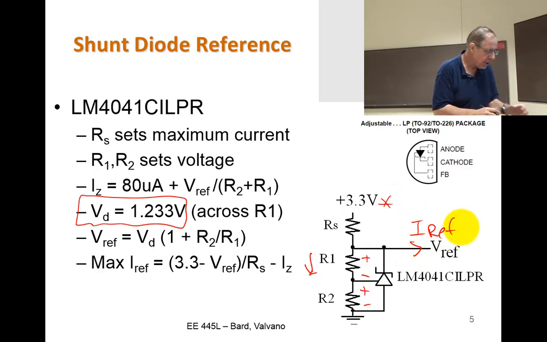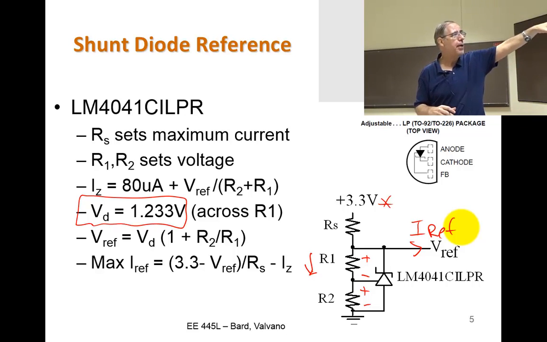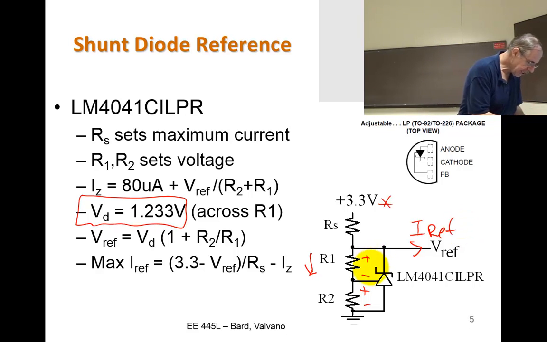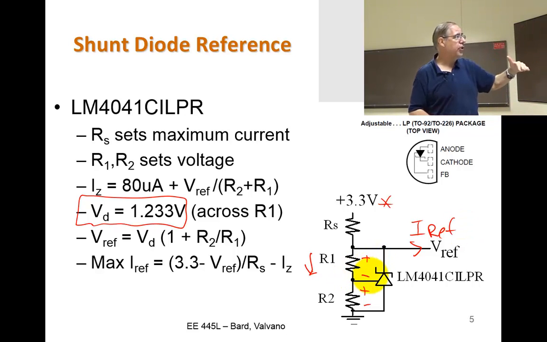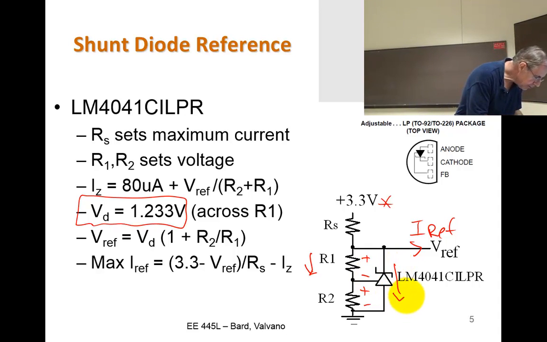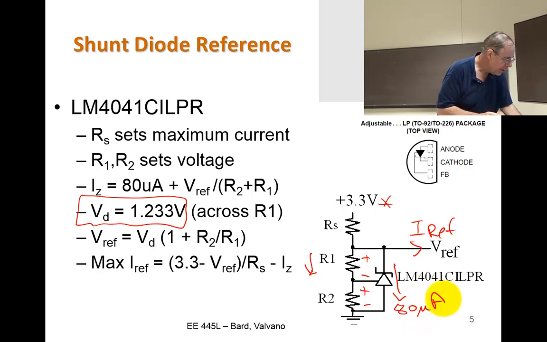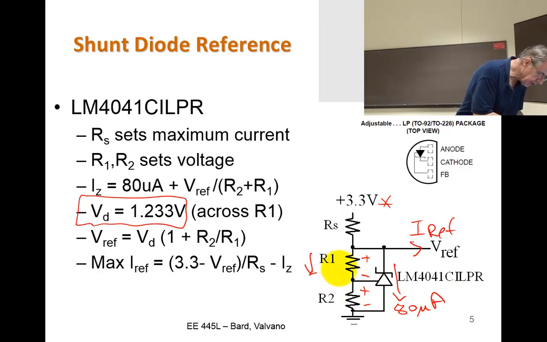So the voltage Vref is going to be independent of Iref and independent of the supply, because this is a constant, and R1 and R2 are resistors that are constants. So therefore Vref is a constant within some bounds. And that has to do with the maximum current. There is about 80 microamps going through there. You can calculate how much current is going through here, right? That's this, I2.